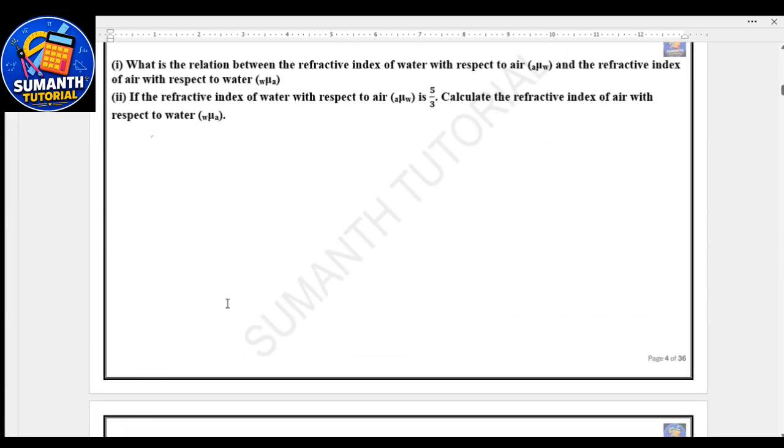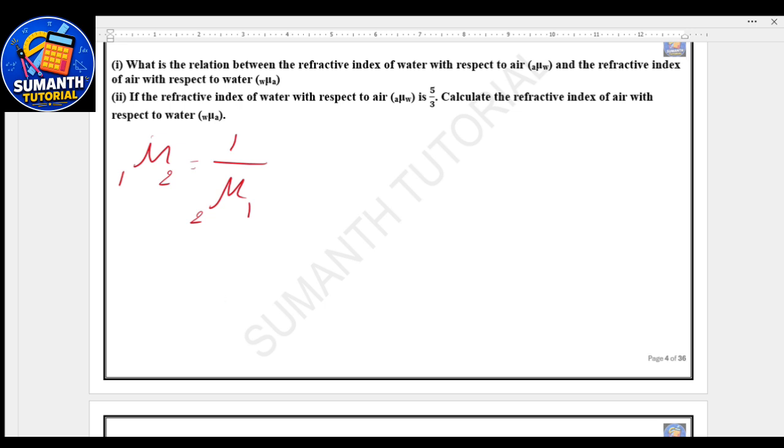What does the next question say? What is the relation between the refractive index of water with respect to air and the refractive index of air with respect to water? It's very clear. We learnt that the refractive index of medium 1 with respect to 2 is 1 divided by the refractive index of medium 2 with respect to 1.